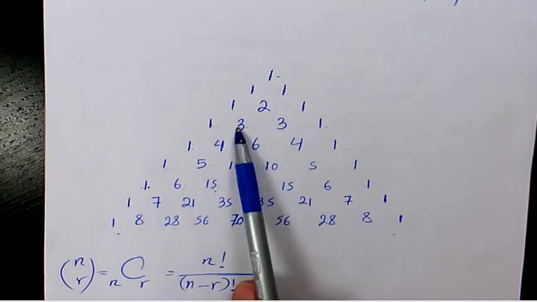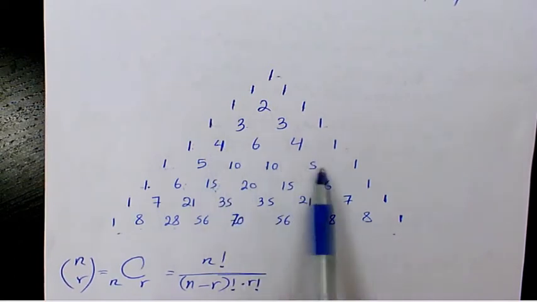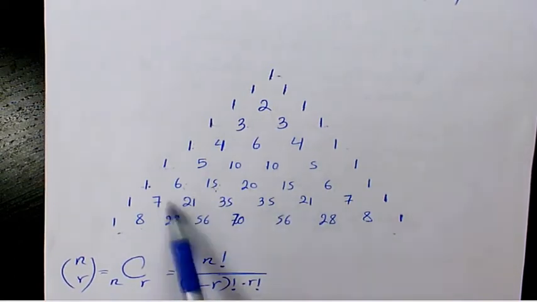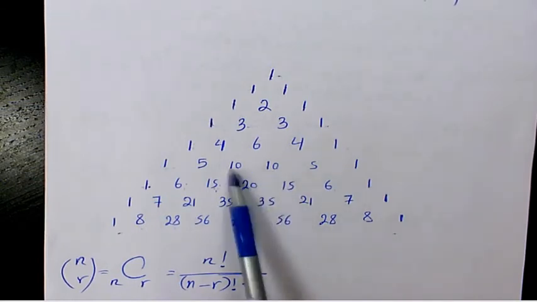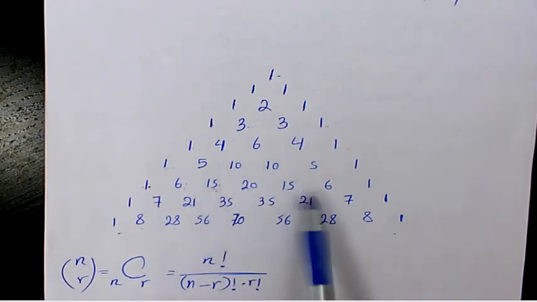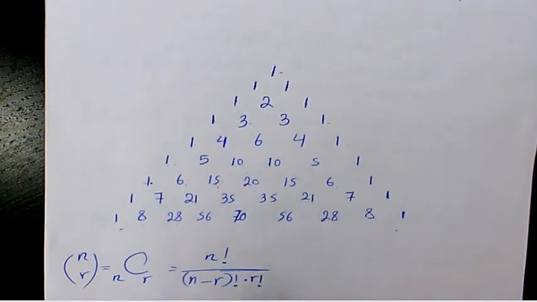And the second one from both sides is, for example, 3, then 4, 5, 6, 7, and 8. And then something like 10, 15, 21, or 35, 28, 56. As you see here, both sides are going to be the same.